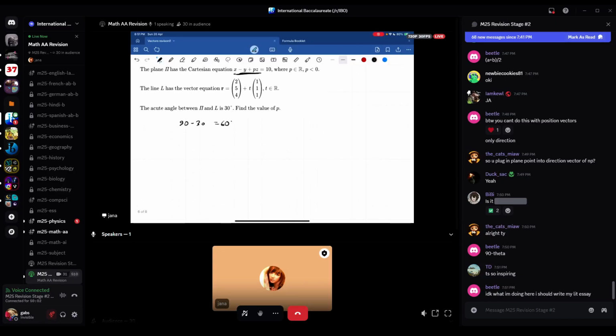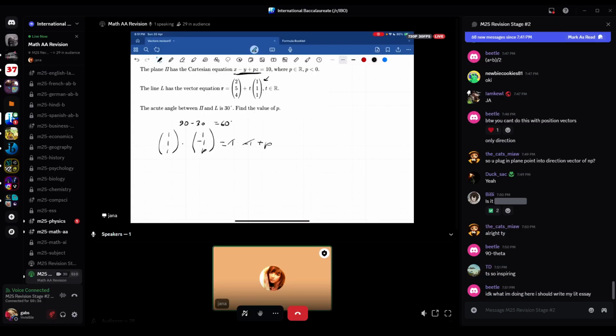So now we have the direction of the line, which is (1, 1, 1), and we have the normal to the plane, which is (1, -1, p). First, let's find the dot product: (1, 1, 1) dot (1, -1, p) is 1 minus 1 plus p, which is p. Okay, that's pretty nice, isn't it?